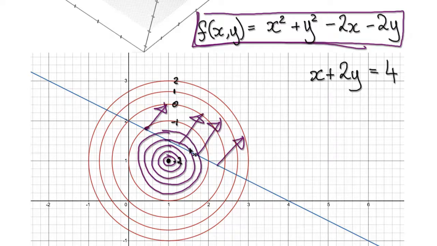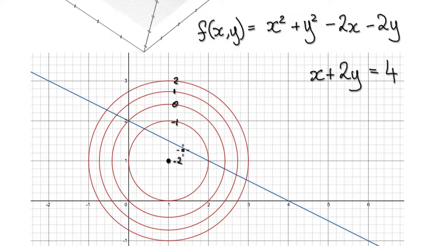Well, the lowest point will be when the gradient vector of the blue line differs from the gradient vector of the circle. Maybe it's in this direction, or maybe it's in the same direction, but the gradient vector of the circle must be equal to some scalar constant with the gradient vector of the blue line.